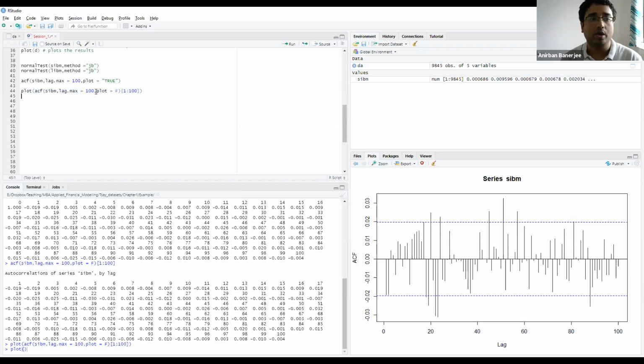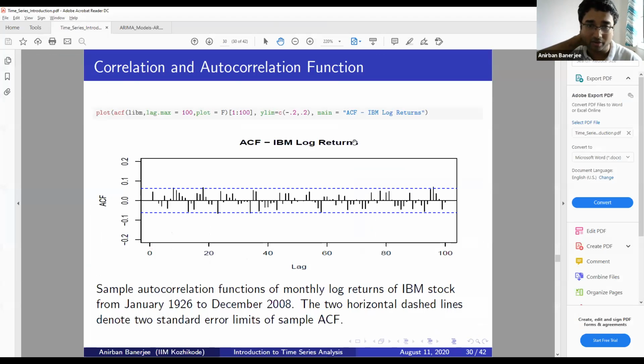Now, if I want to make it even better, what I did last time was that I specified the ylim within a range, and also a title. I'm not very keen on typing those things again. You can read from the slide and write them down later on. So ylim basically specifies within which limit it will show. So it is -0.2 to +0.2.